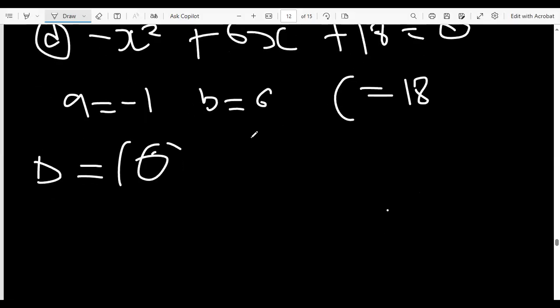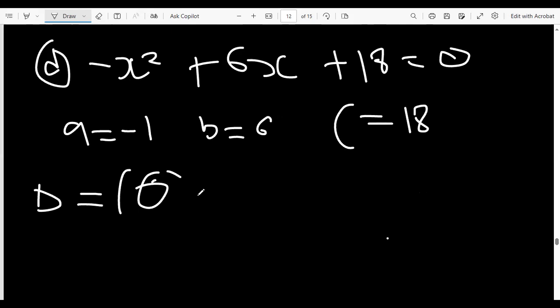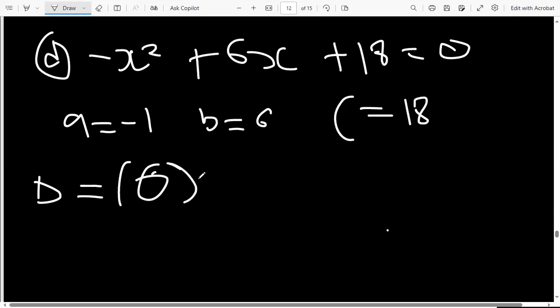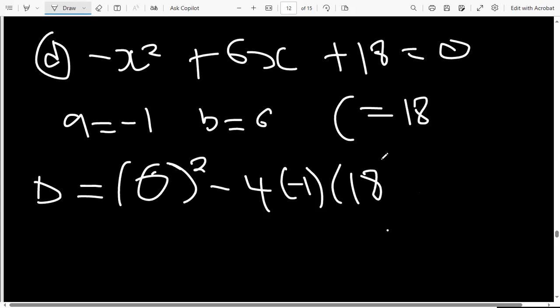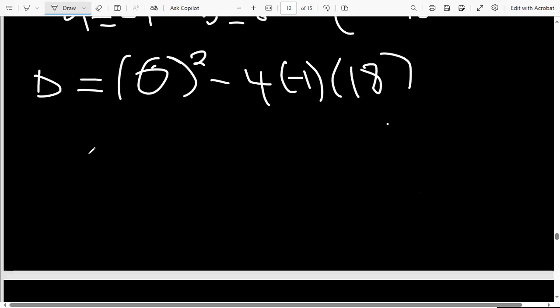Okay, so as I was saying, you get the B, which is the 6 squared, and then you say minus 4 times the A, which is minus 1, and then you put your C, which is 18. So you multiply here. 6 squared would just be 36.